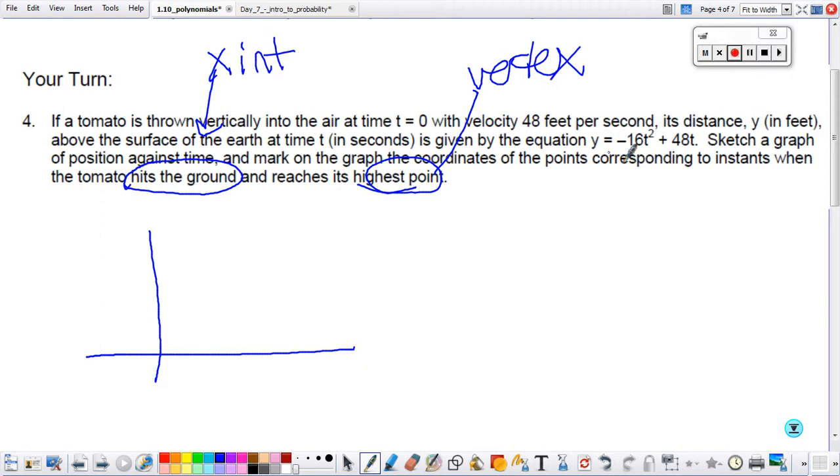So again, you can plug this in y1 and look at it. For hits the ground, I'm going to find when y is 0. So we're going to factor. I can factor out a 16t here. Oh, wait a minute. I forgot my negative.